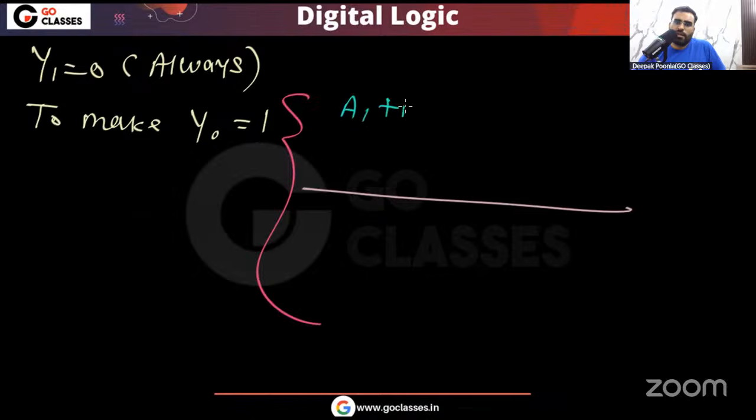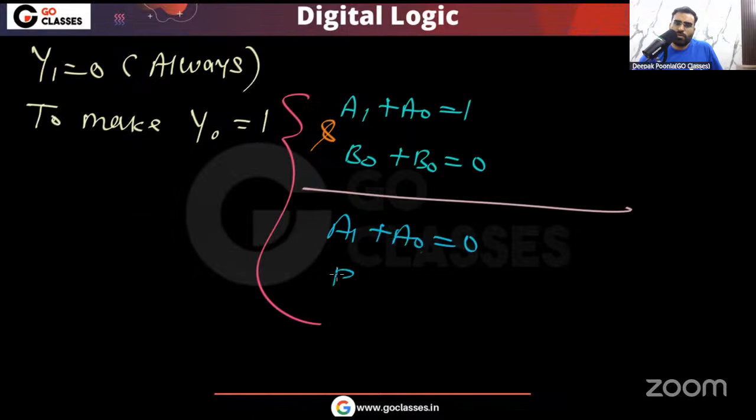Either you make a1 or a0 equal to 1 and b1 or b0 equal to 0, or you make a1 or a0 equal to 0 and b1 or b0 equal to 1. Correct? Yes or no?